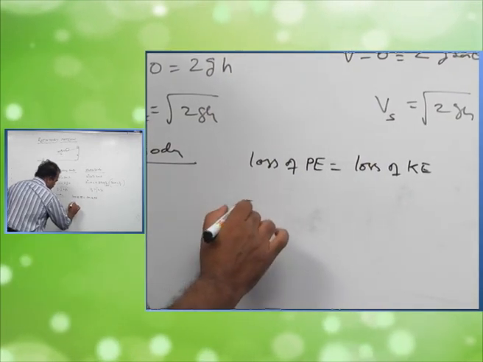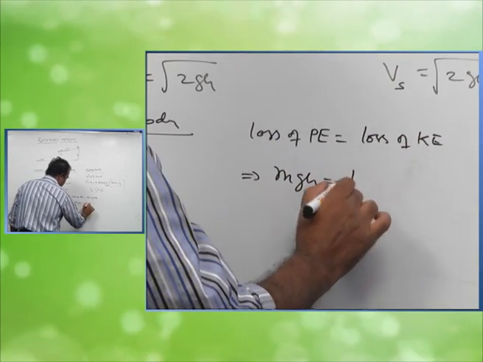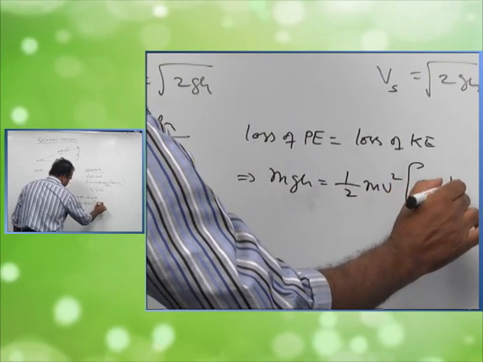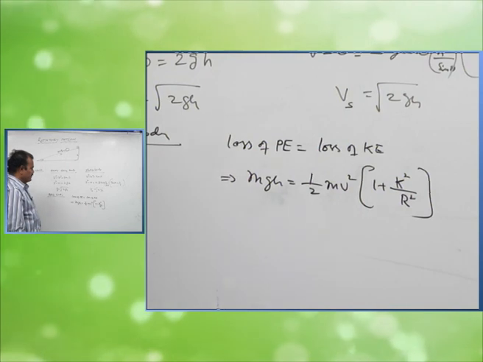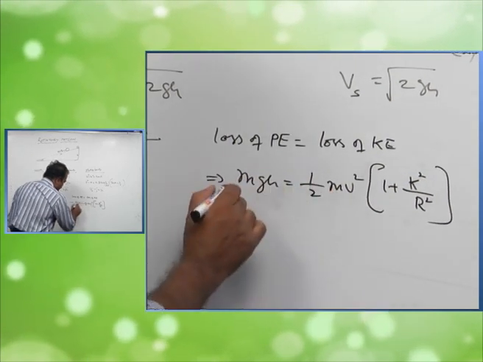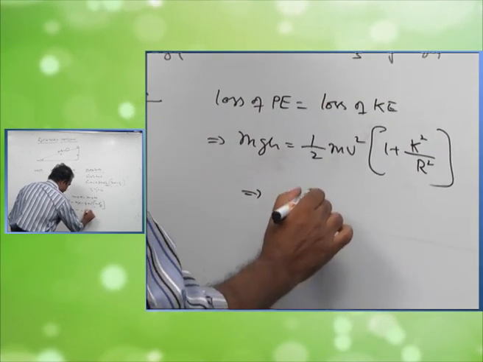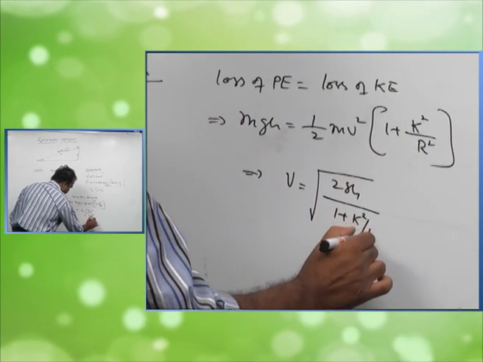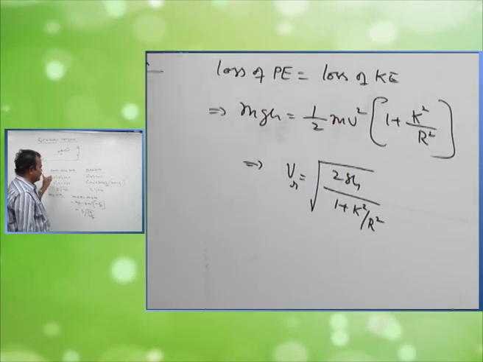Loss of PE is mgh, and KE we just got: 1 by 2 mv square of 1 plus k square by r square. The m is cancelled, and v is equal to square root of 2gh by 1 plus k square by r square. This is the velocity of that rolling body at the bottom of that inclined plane.